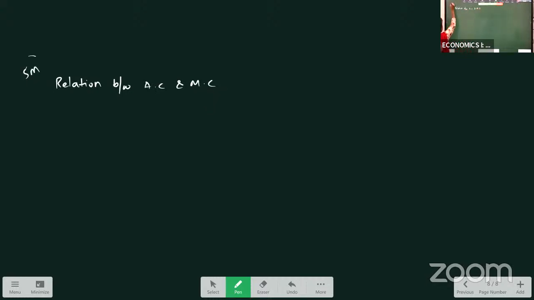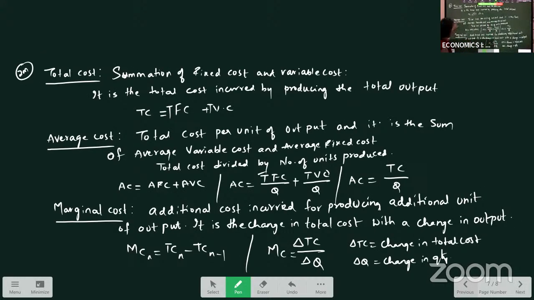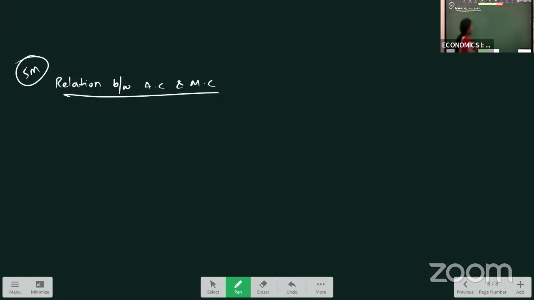It is an important 5 marks question. Relation between AC and MC. So from the table, when you write this answer, first write what is average cost, you will explain. Then what is marginal cost, you will explain. Then you will write the answer.